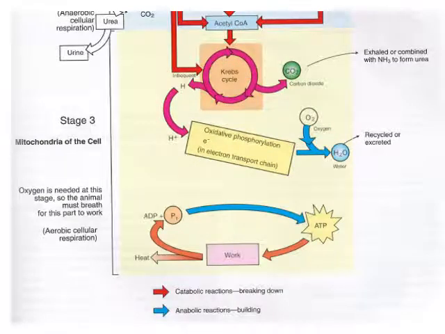So we have our ATP being generated, and then we have work, and then we break it down to ADP plus an inorganic phosphate. We generate the reducing equivalents to generate those again, and the cycle goes around. So blue we're building up, red we're breaking down.